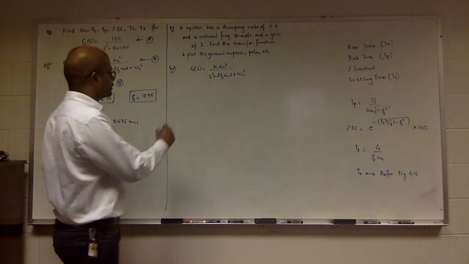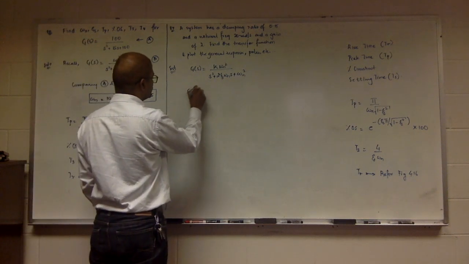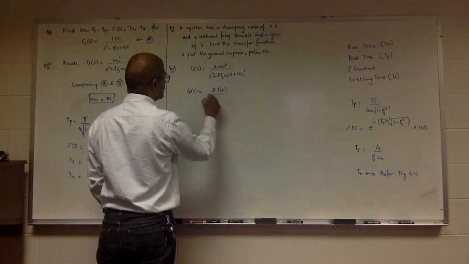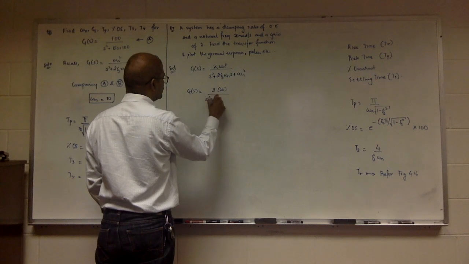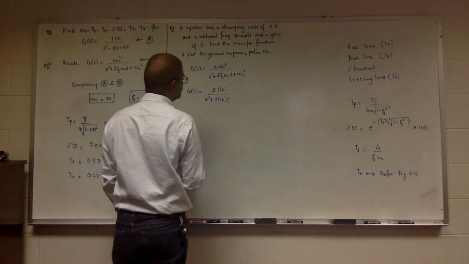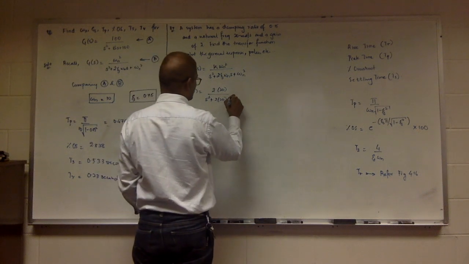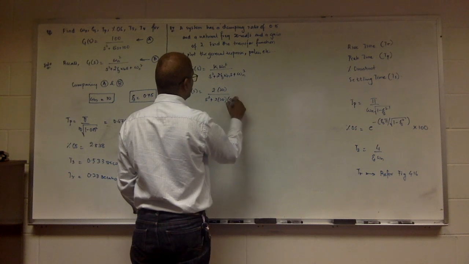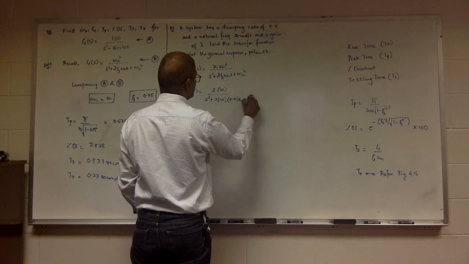Alright, so your transfer function will be 2 times 20 squared divided by s squared plus 2 times 20 times 0.15 s plus 20 squared.